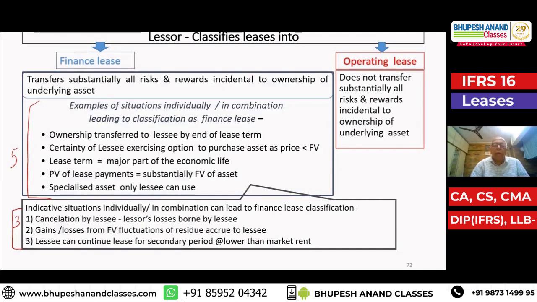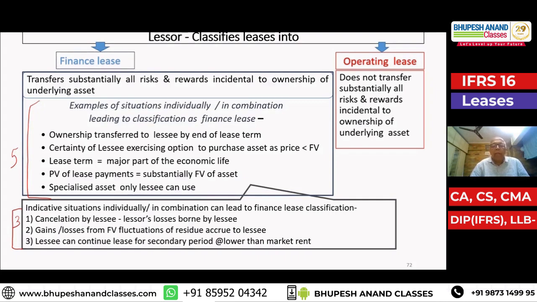So he will take the consideration in such a way that the present value of all the 10 years rent plus 100 rupees, let's say, is equal to the fair value or market price. So that is amounting to a sale, a finance lease.